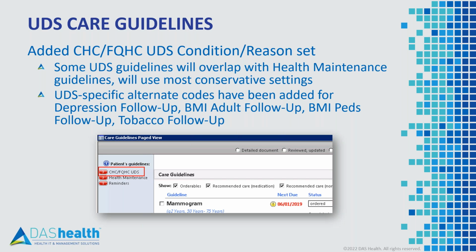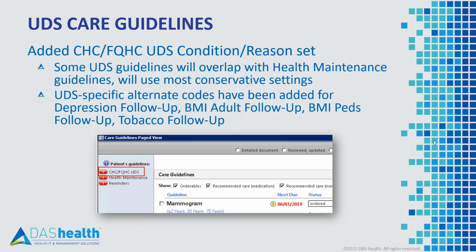So really this is to allow you, if you do fall into a category where you are reporting for UDS, or even if you don't report, but you follow a lot of the guidelines of a CHC or an FQHC, this basically allows you a customized checklist of things that typically you are required to document on for your patient population.